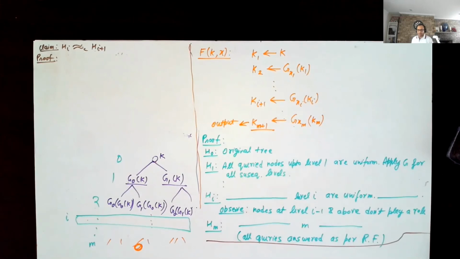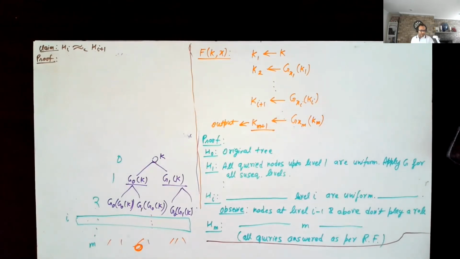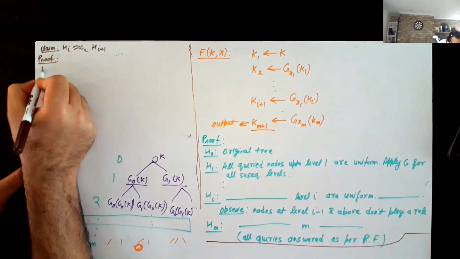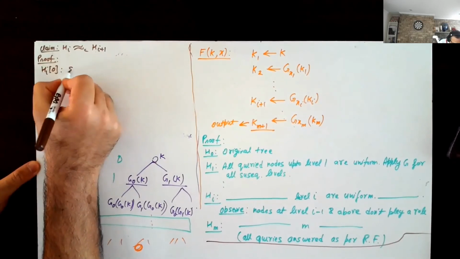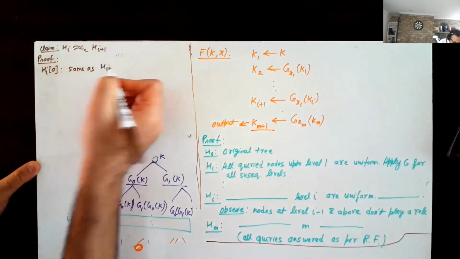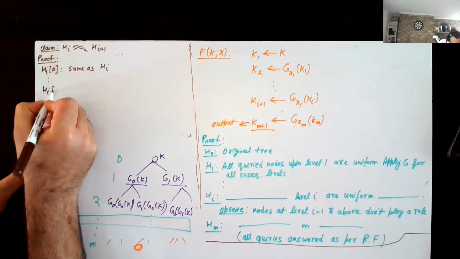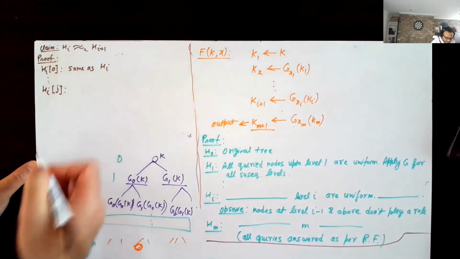In hybrid I, they are PRG outputs. In hybrid I plus 1, these nodes are uniform. So HI0 is the same as HI. HI1 is, let me write HI1 actually.